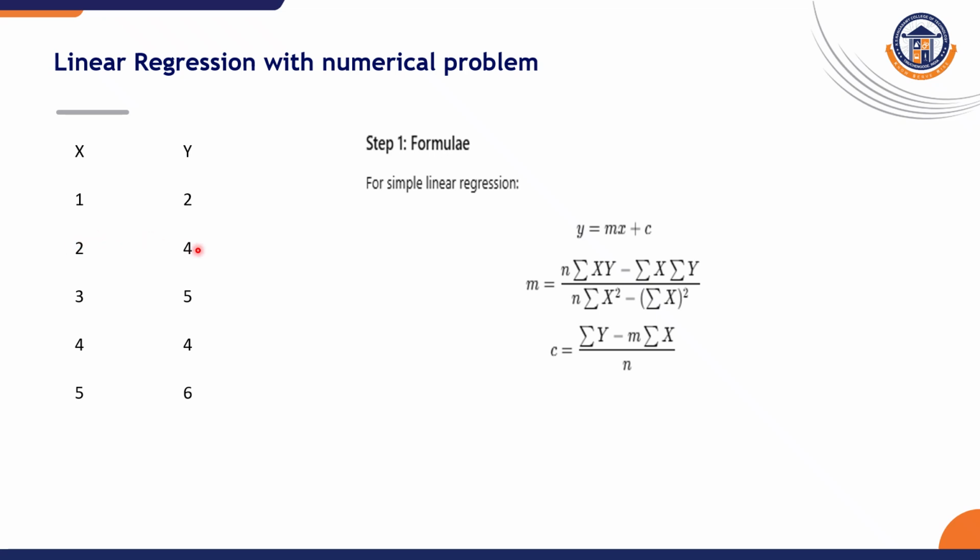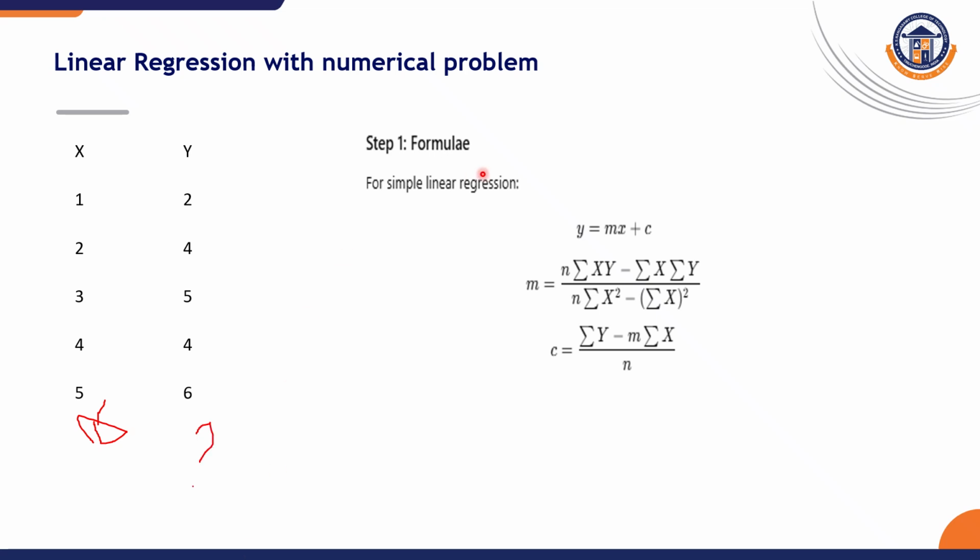In 2002, 1 gram of gold is 4. In that manner, for x1, y1 is 2; x2, y2 is 4; x3, y3 is 5; x4, y4 is 4; x5, y5 is 6. We need to predict the value for x equal to 6. For x equal to 6, how much will y be?